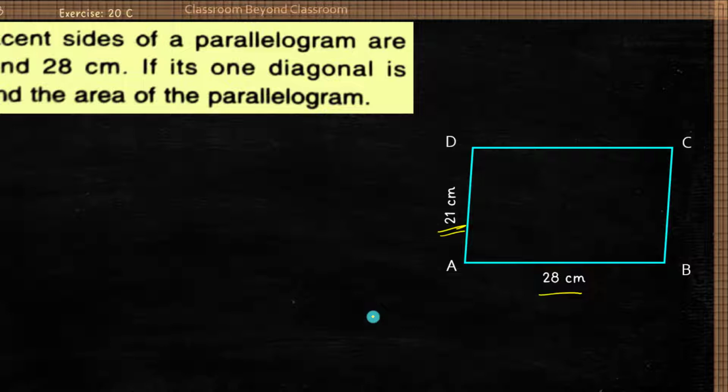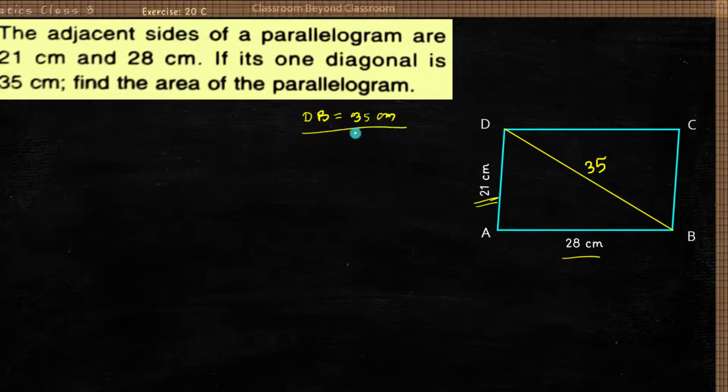One of the diagonals, suppose the diagonal DB is equal to 35 centimeter. Now, here in this parallelogram, the height between the parallel sides are not given. So we cannot find the area of a parallelogram with the formula base multiplied by corresponding height.